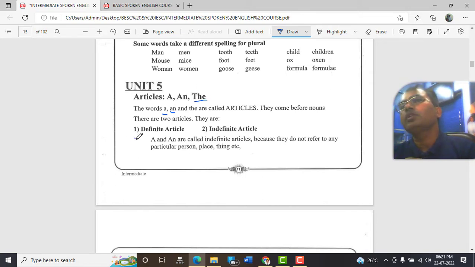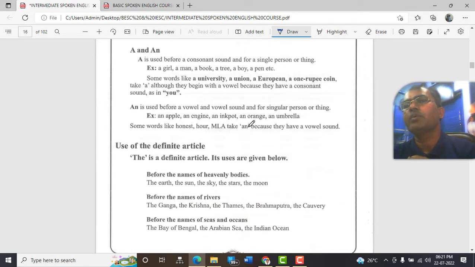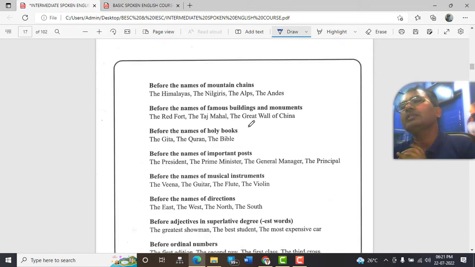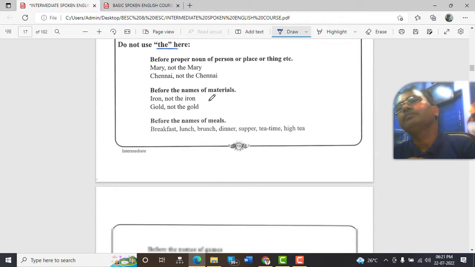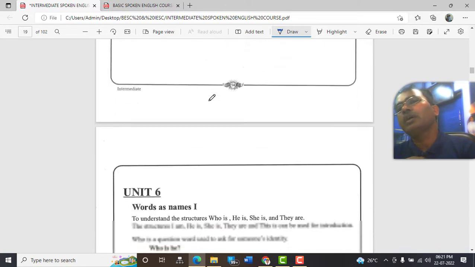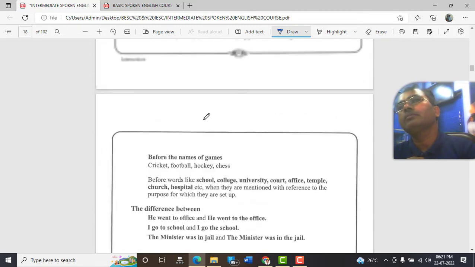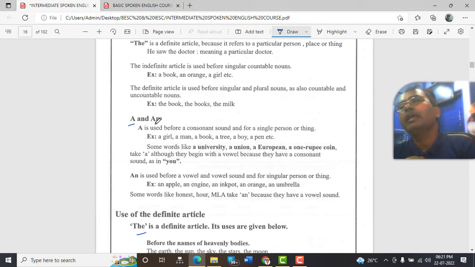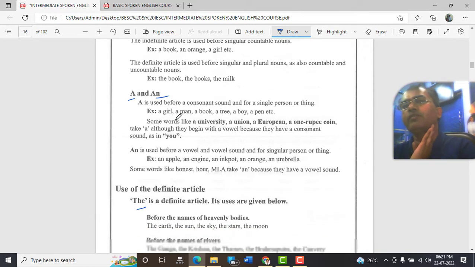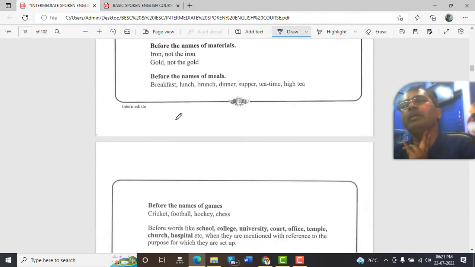In articles we'll talk about definite article and indefinite article, which is important, and then we will start seeing a lot of examples. Where should I use the, where should I use a, or where should I use an. We'll give you certain examples and we'll start explaining that.